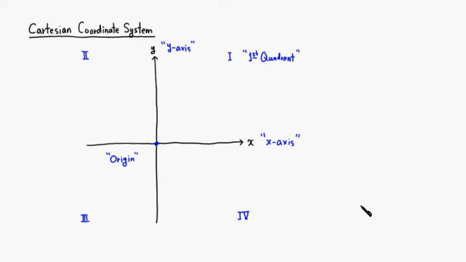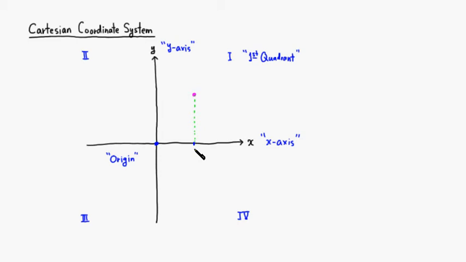Then we can locate a point on the plane, basically giving it an address. For example, if you have a point around here, you just go down to the x-axis and read the reading there.